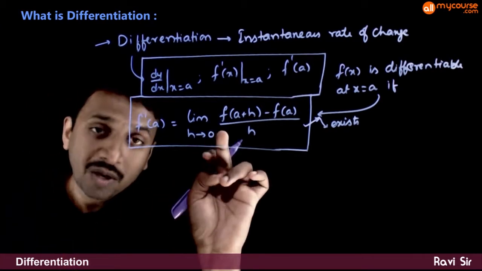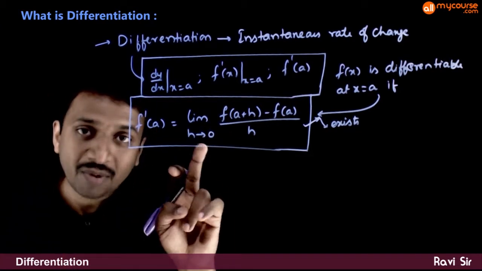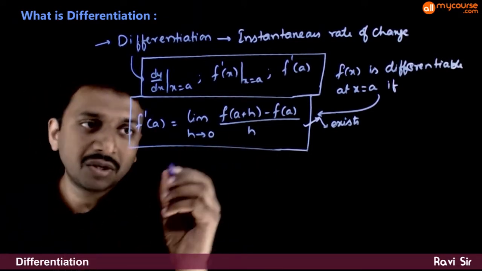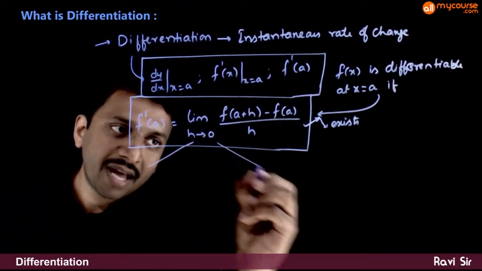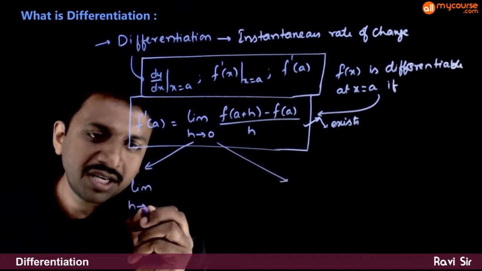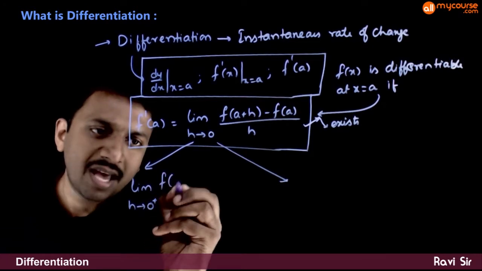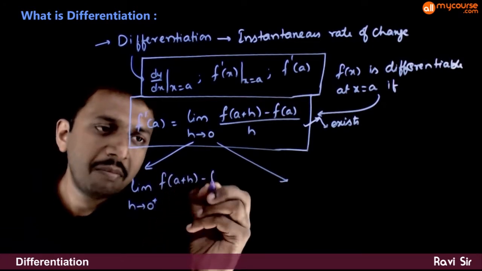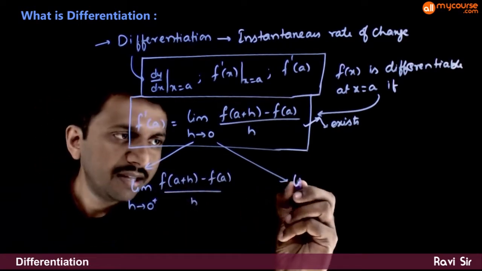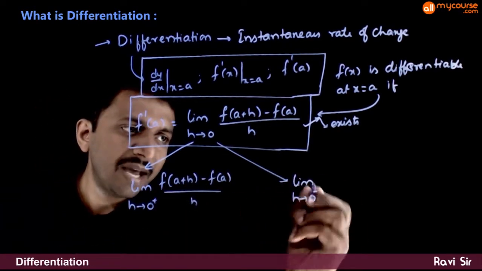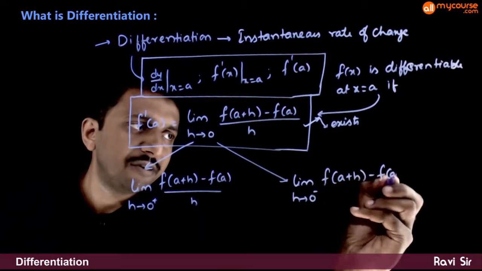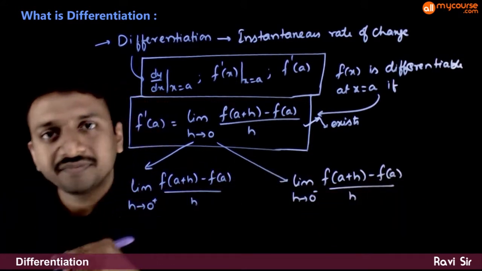Next, when you talk about limit, you can think about the right limit and the left limit, right? So this consists of actually two separate limits. Limit h tends to 0 plus f of a plus h minus f of a by h, and limit h tends to 0 minus f of a plus h minus f of a by h.